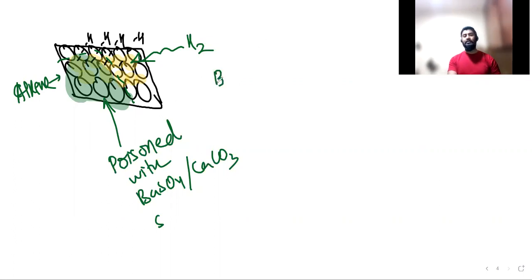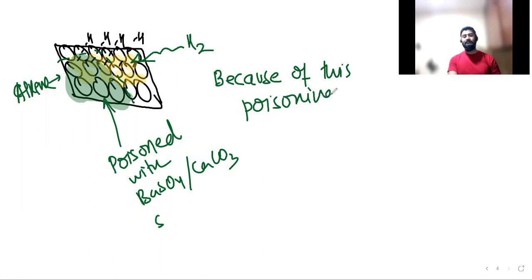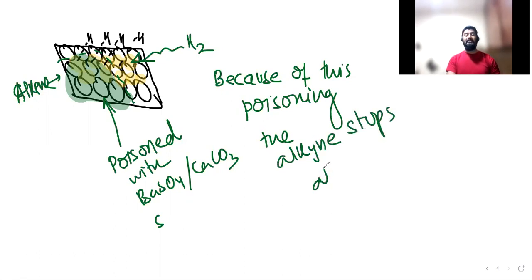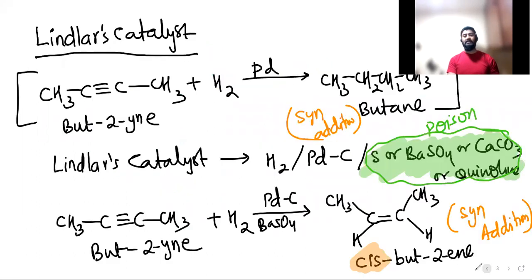So because of this poisoning, the alkyne stops at alkene, and syn addition is because of the normal tendency. So basically, we end up getting a cis product.